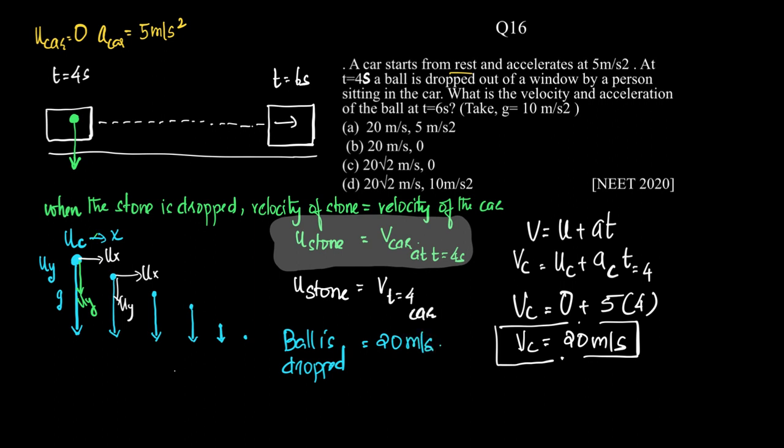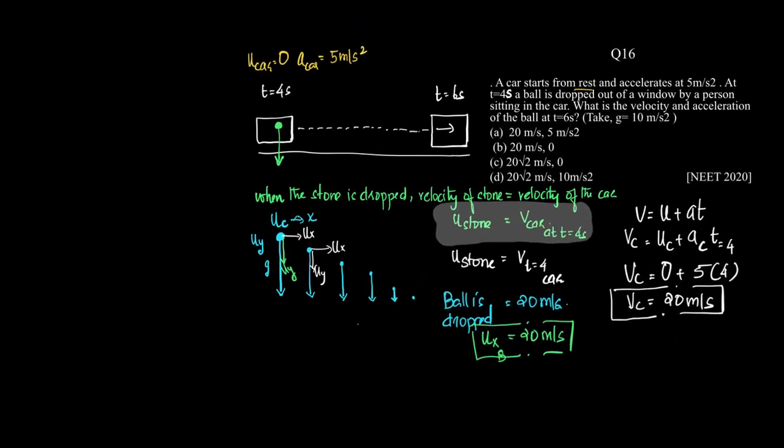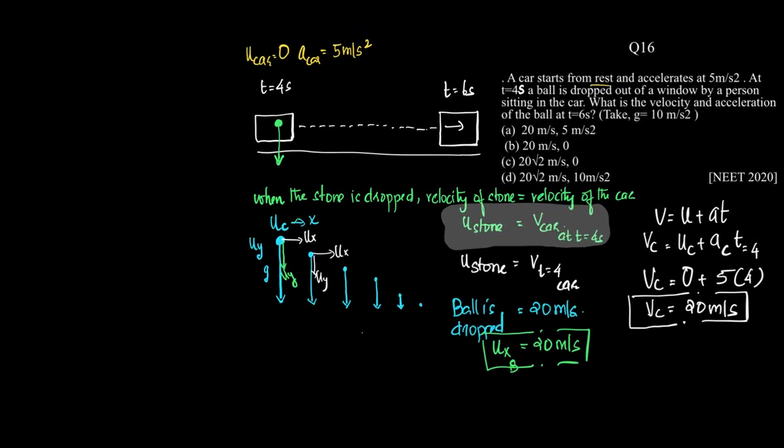Now at this point of time, this 20 meter per second is acting along the positive x-axis, which means ux of the ball is equal to 20 meter per second, right? So now we'll discuss only about the ball.